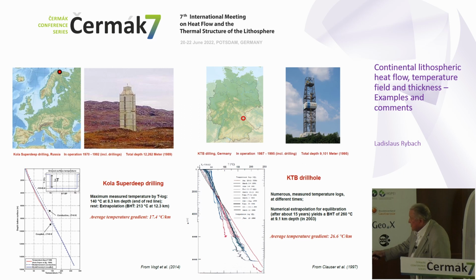But these temperatures, 220 and 260, are the only deepest data points. Well, what can we do? Of course, we can estimate by calculations, and in the following, I concentrate on this.